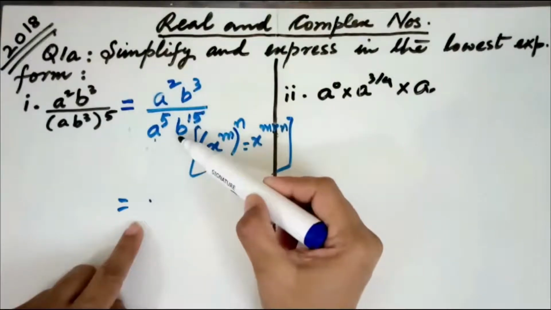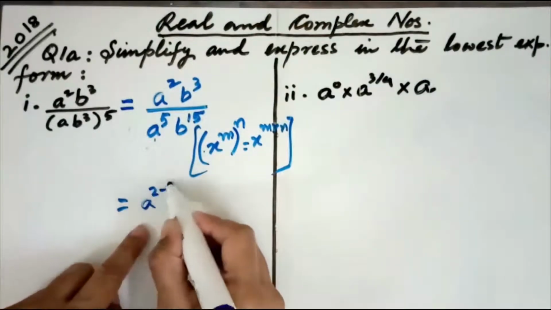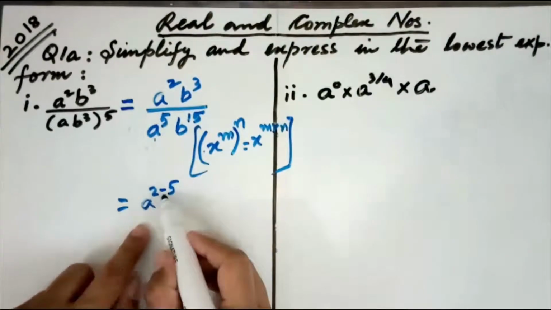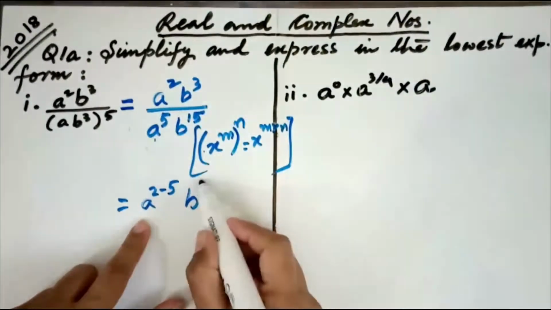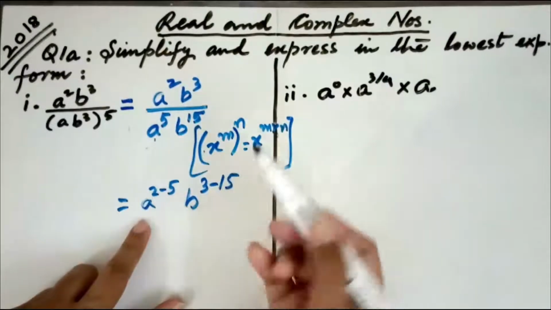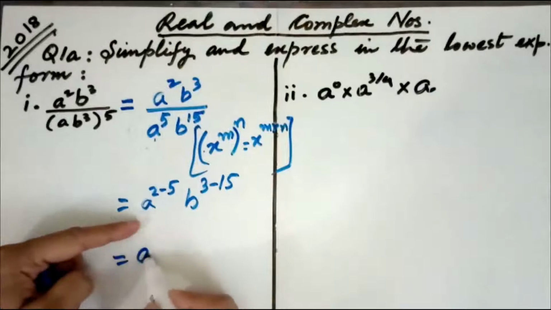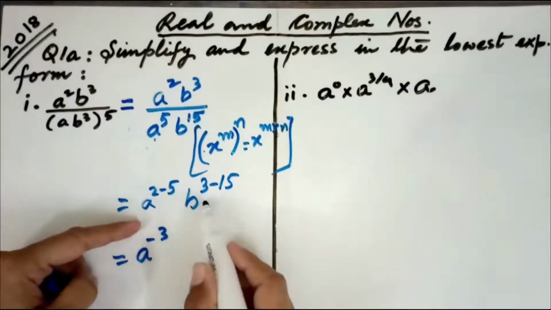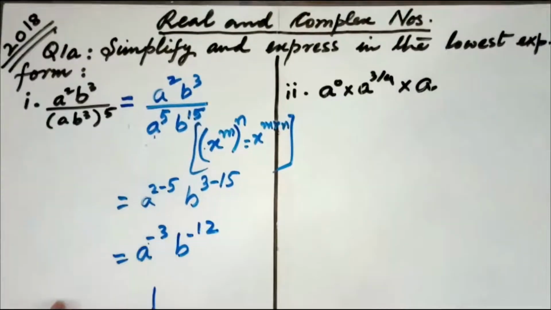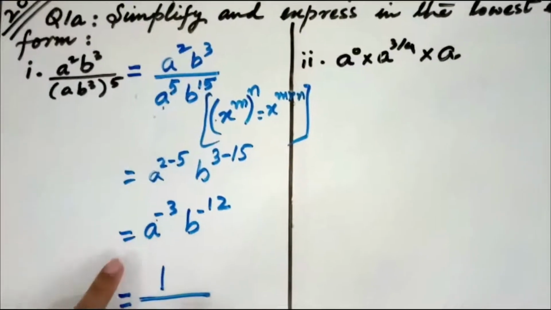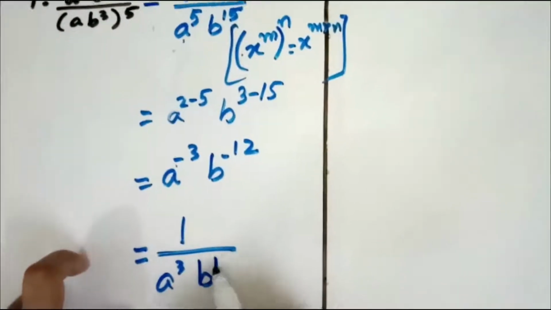Here b and b have the same base. So a raised to the power 2 minus 5, and b raised to the power 3 minus 15. That would be a raised to the power minus 3 and b raised to the power minus 12. Flip over the whole term. That would be a raised to the power 3 and b raised to the power 12.